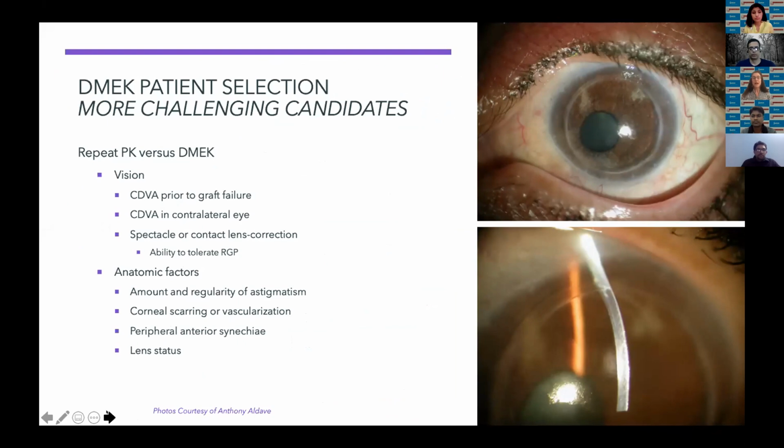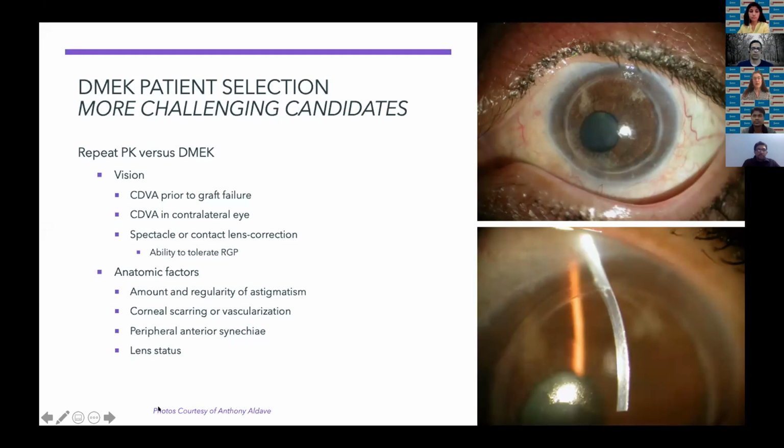How do you decide to do a repeat PK or DSEK versus the DMEK? You want to see what was the previous vision before the graft failure or in the contralateral eye. And so if you have someone where there was very poor vision prior to graft failure, then rather than using a DMEK tissue, you may just consider doing a repeat PK or a DSEK on that patient.